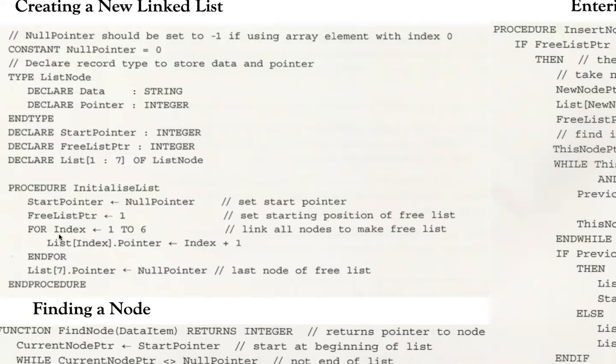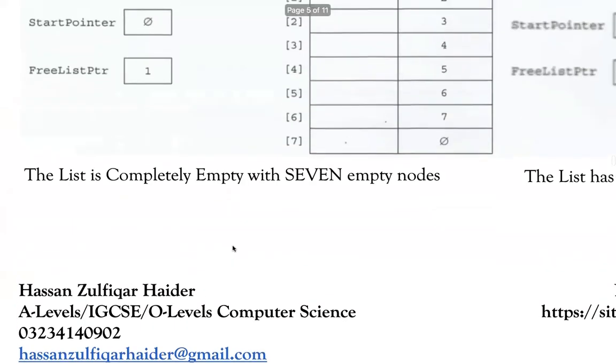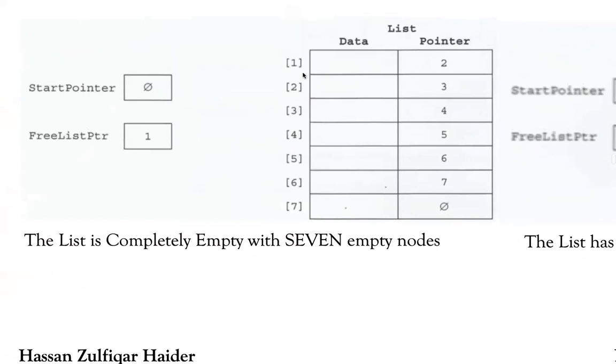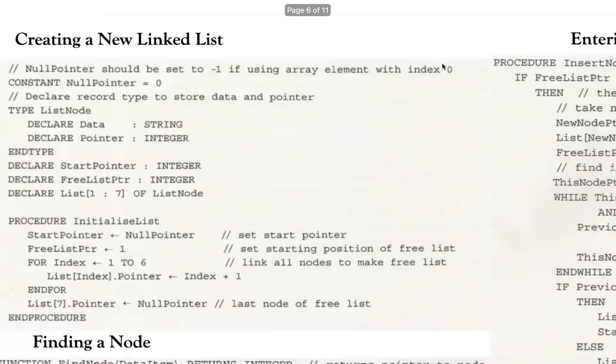So basically, if my index is 1, I'm at the first index position of my list. The pointer field of that node will have index plus 1, that is 2. As you can see here, my first node at index position 1 has index plus 1, 2, in the pointer field. And that's what we're doing here.